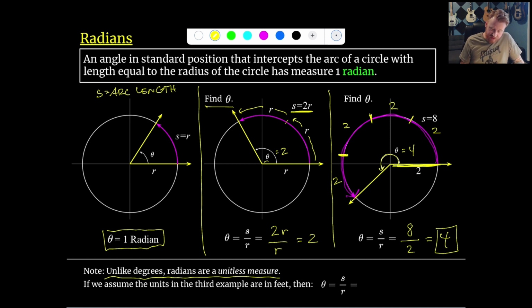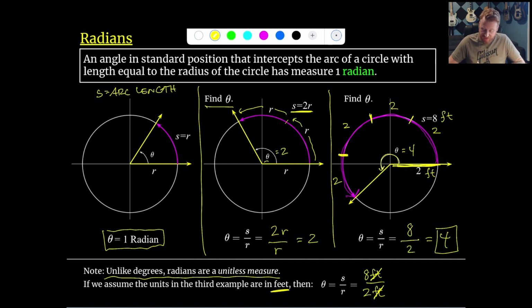So if we look at this third example we did up here, and if we say that things are in feet, if I said that this was 8 feet and this was 2 feet, then as I'm trying to compute the radians here, I would do 8 feet divided by 2 feet. And when we think about doing unit conversions, which hopefully you've practiced before, we can think about canceling out the units. We would literally cancel out feet over feet because we're dividing that.